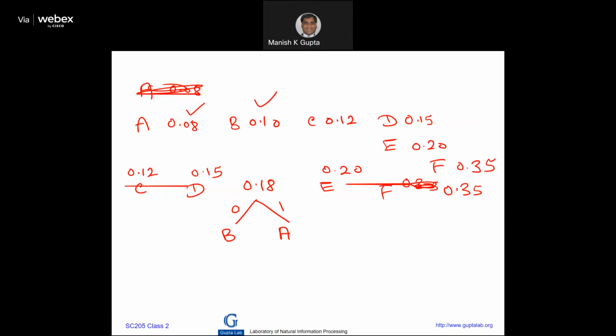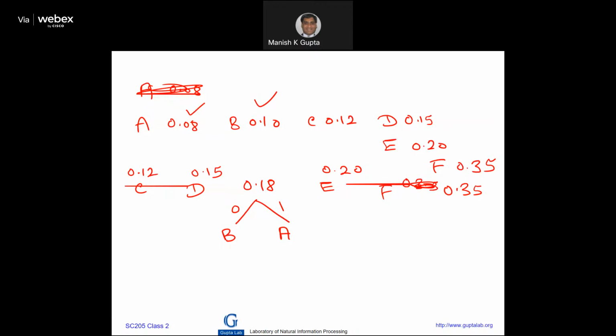The lowest one, A, is on this side, and the highest one, B, is on the other side. If a symbol is on this side, I assign 0, and on this side, I assign 1. So I have formed the first tree, step 1. Now I am going to look at the rest of the things.